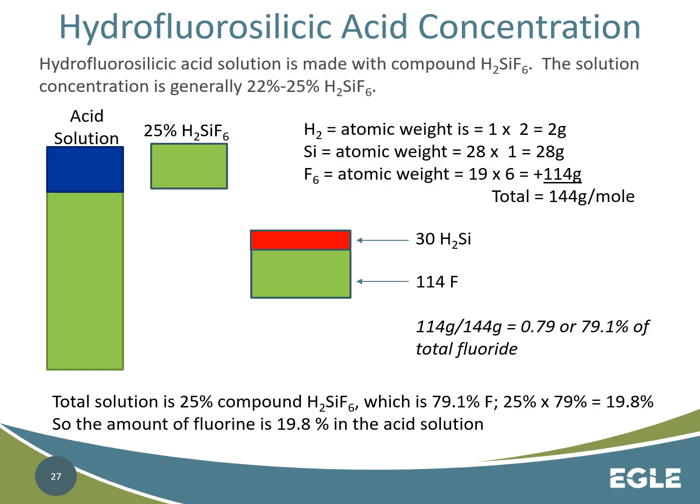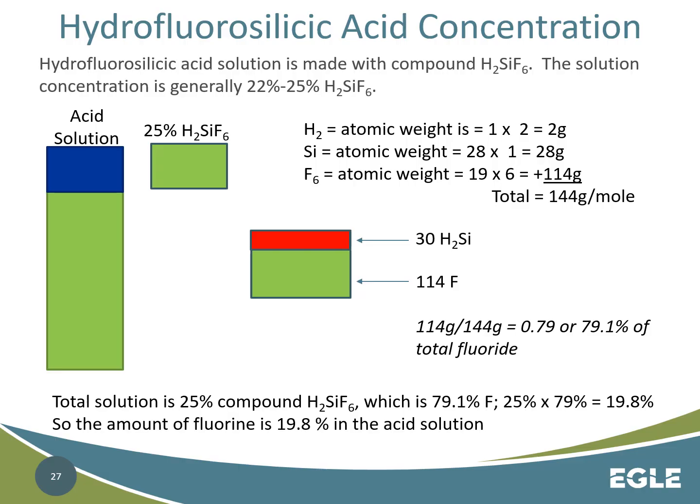So let's say we have a solution that's 25% pure hydrofluorosilicic acid. If I have 100 pounds of this acid, 25% of that, or 25 pounds, is pure hydrofluorosilicic acid.